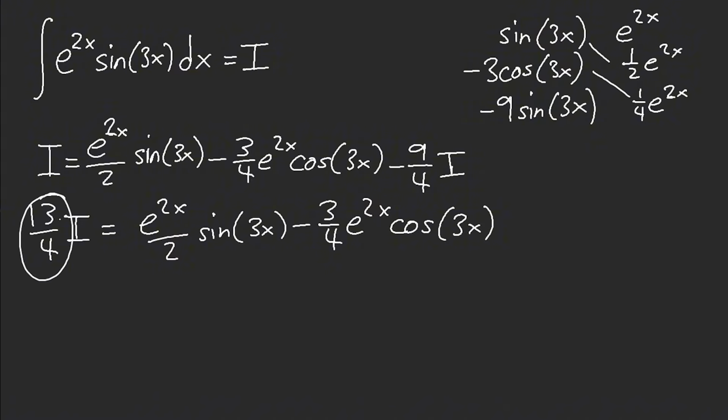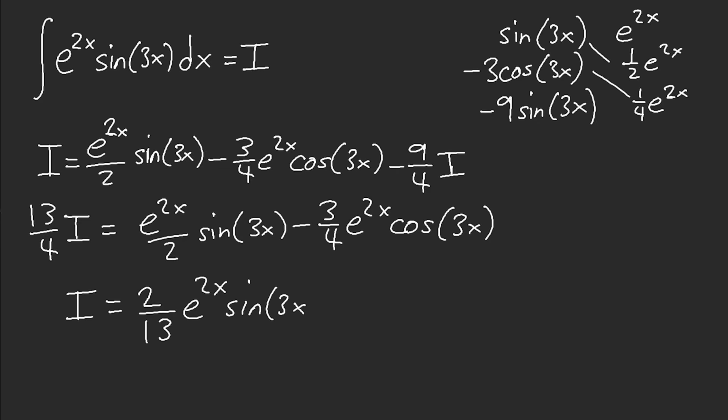We divide this to the other side, meaning that we multiply by the reciprocal. So I, and then times all this by 4/13. We get 2/13 e to the 2x sine 3x minus 3/13 e to the 2x cosine of 3x plus c.